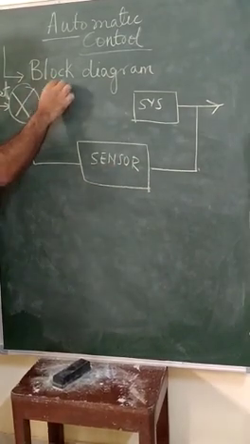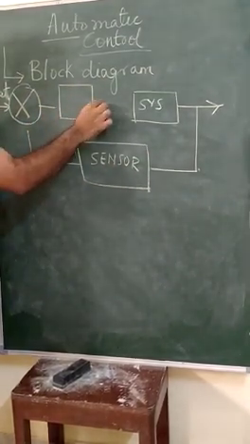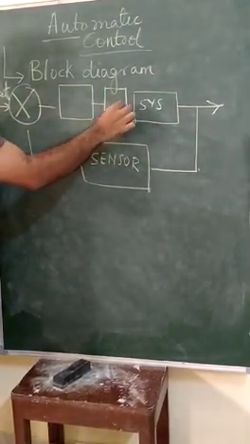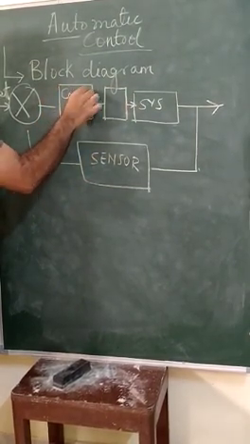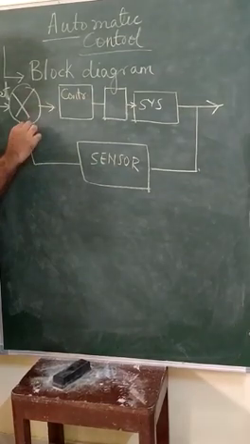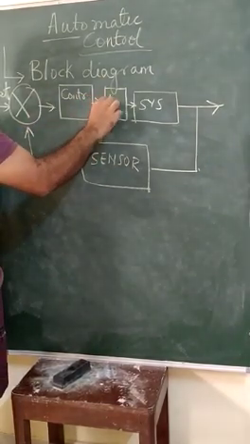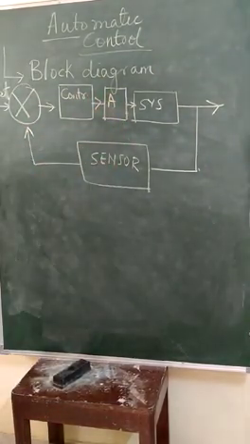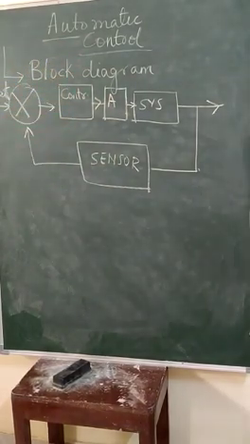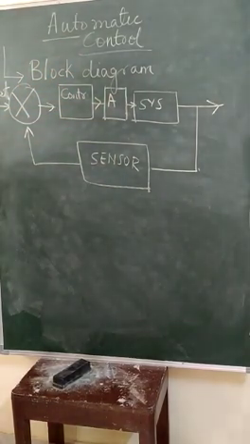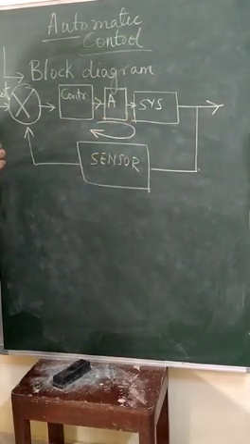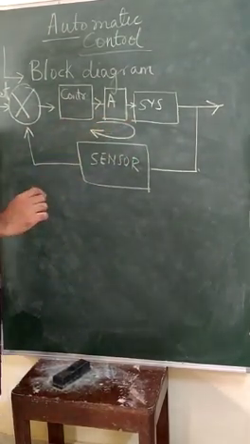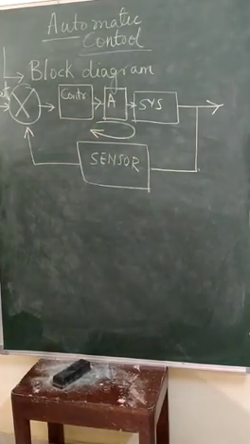And the error signal is taken by the controller. This is the controller. The controller goes to the actuator. This is the actuator. Right? This is the basic control block diagram for a closed loop, because this loop is getting closed. This loop is not present in the open loop system.